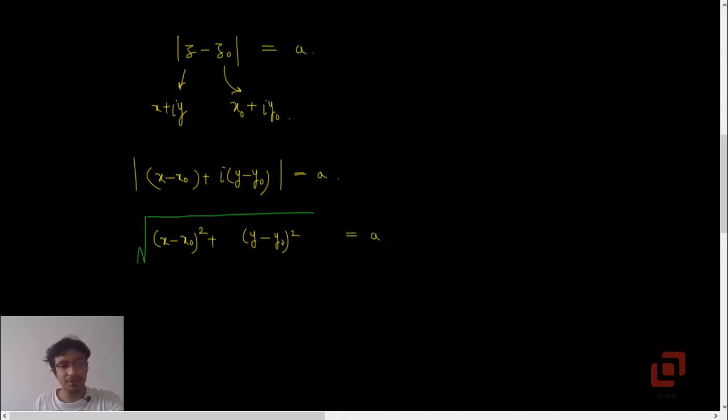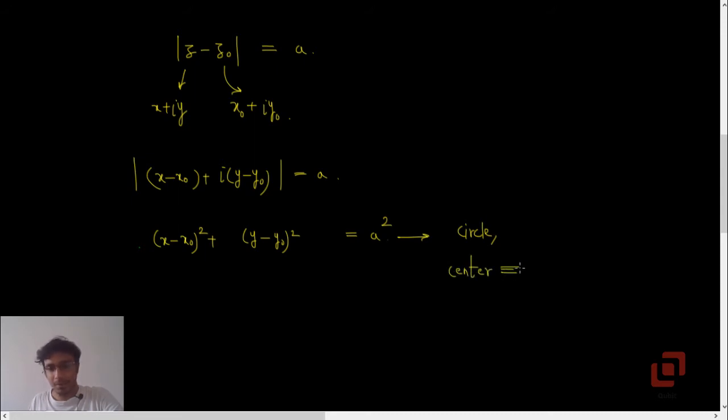So if we square both the sides, we will get the following equation. So what does this represent? This represents a circle with center at the point x0 comma y0 and radius equal to a.